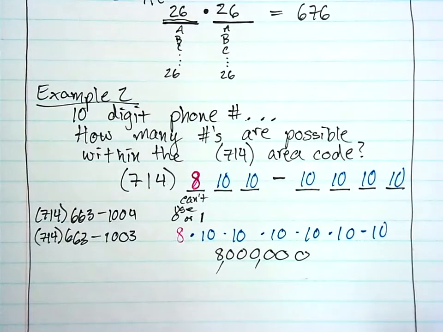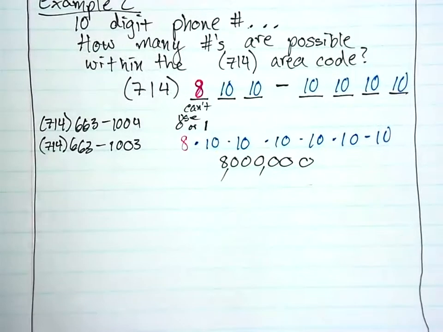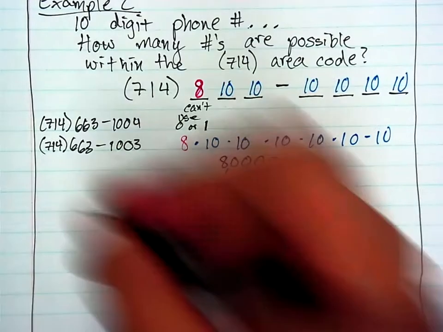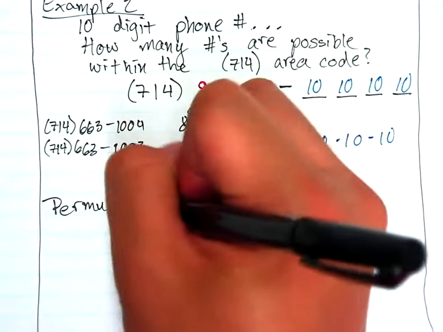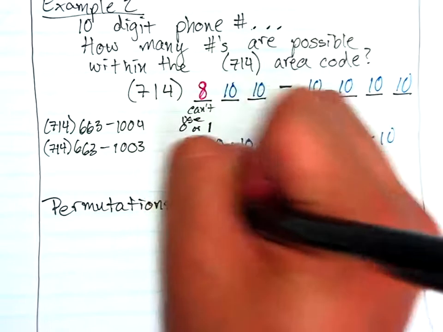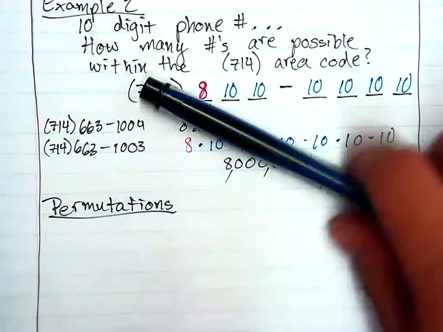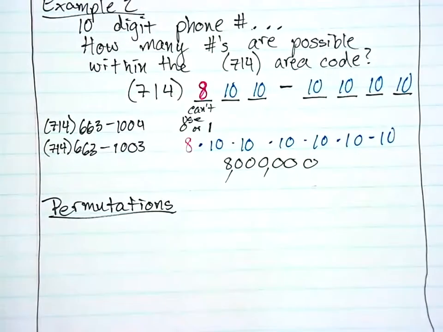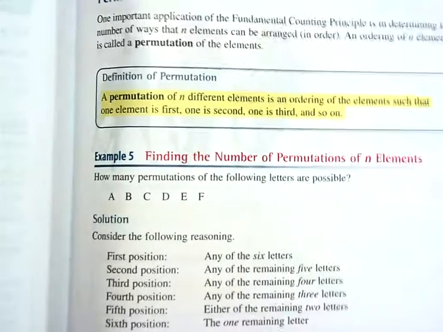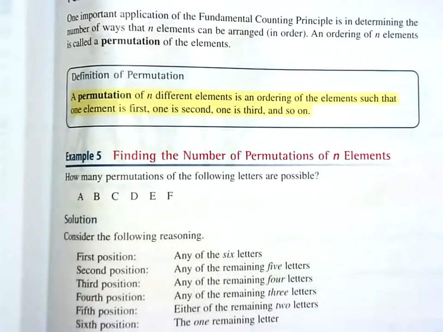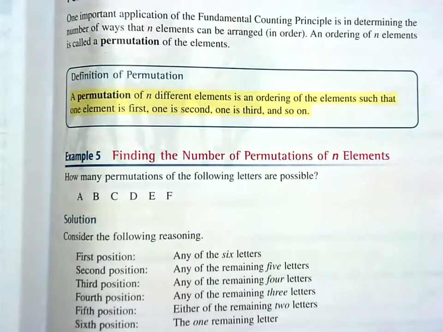Right? So we're going to go ahead and move on from the fundamental counting principle to the idea of permutations. Now, permutations and combinations all have their own specific formula, and we're going to write down the definition of a permutation. A permutation of n different elements is an ordering of the elements, such that one element is first, one is second, one is third, and so on.